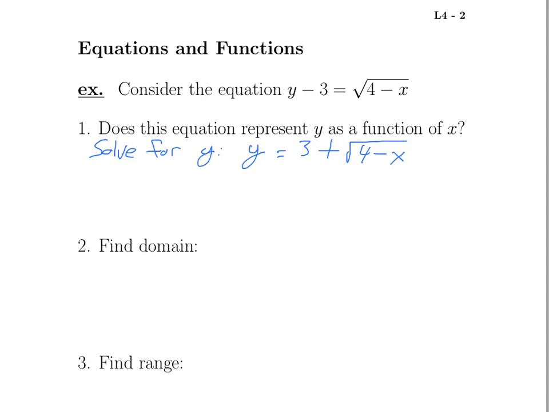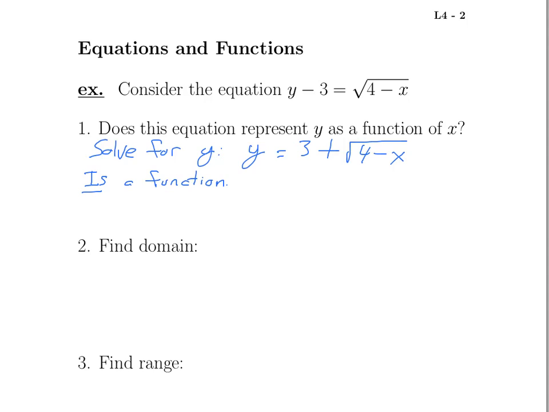Now, this is in fact a function. This is a function, because for every one value that I put in for x, I get exactly one y value back.